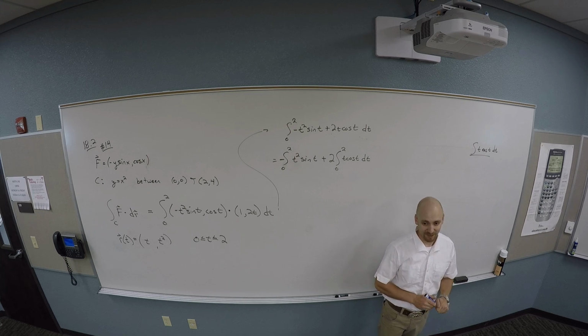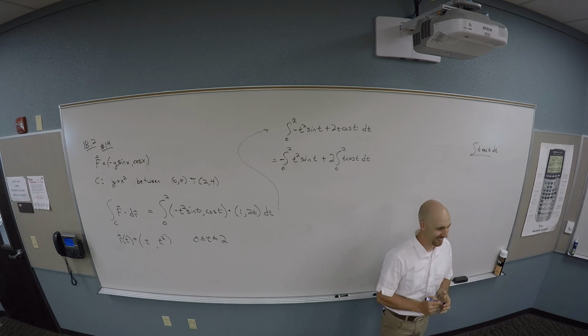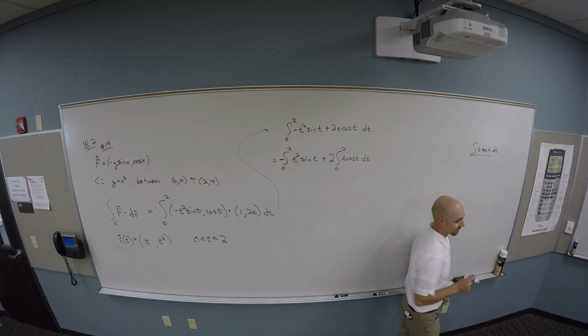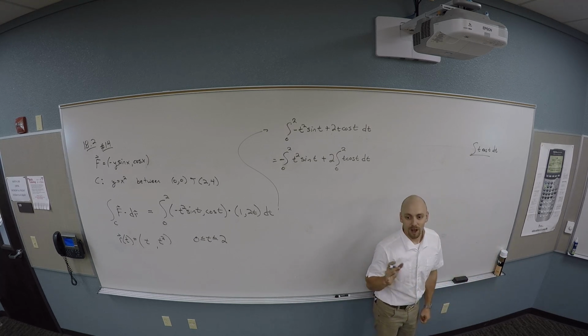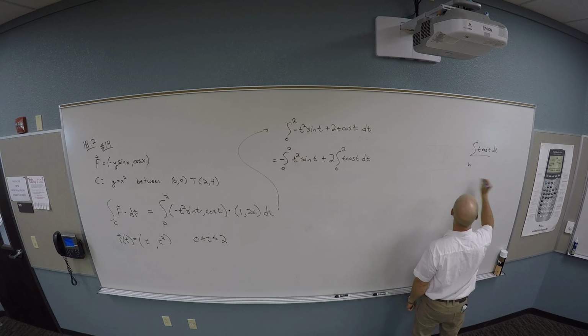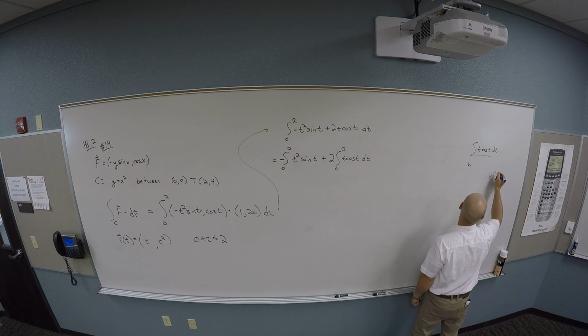It's still going to be integration by parts. So I would pick a u and a v prime: the integral of u v prime equals uv minus the integral of u prime v.